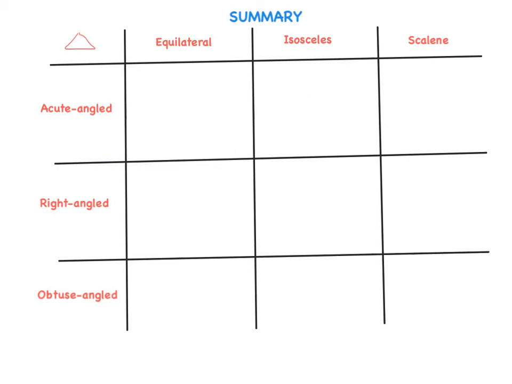And in here we try to draw the triangle who meets this criterion and this criterion, okay? So it has to have all the sides the same and all angles have to be acute, okay?